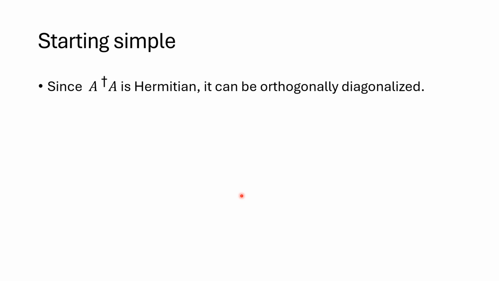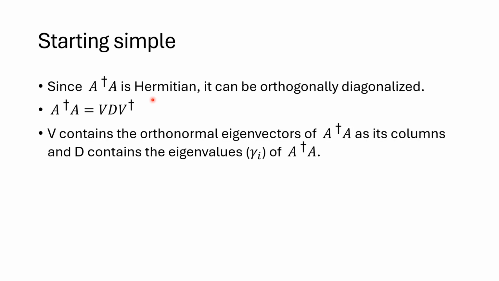So we know that Hermitian matrices can be orthogonally diagonalized into something like this, where we have the matrix V, the matrix D, and the Hermitian transpose of V. So basically, V contains the orthonormal eigenvectors of A transpose A as its columns, and D contains the eigenvalues corresponding to those eigenvectors.